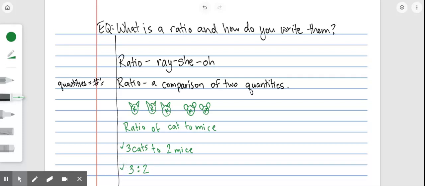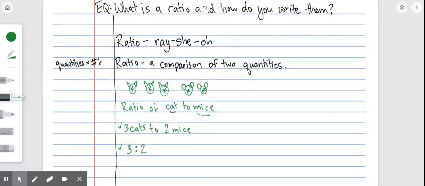Okay, and then I just assume that there's the word cats and mice in there because I told you that I was doing cats and mice. 3 cats to 2 mice. Okay. And then another way that you can write a ratio is as a fraction. So I could write there are 3 cats for every 2 mice, where this is cats and this is mice. So these are 3 different ways to write the ratio of cats to mice.